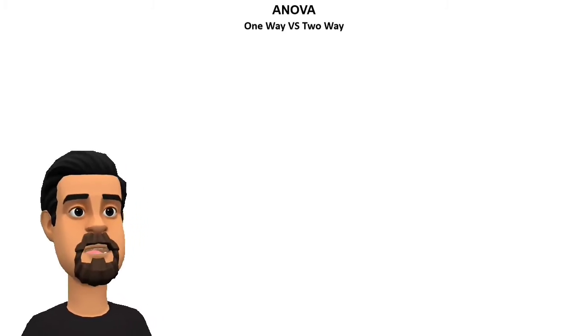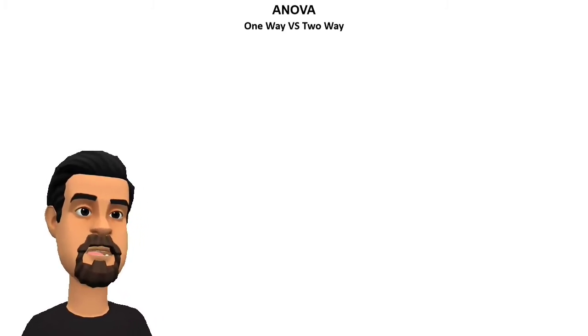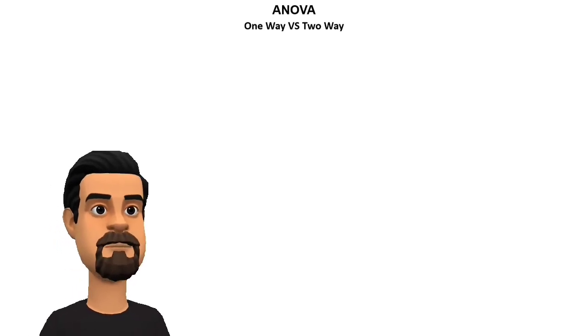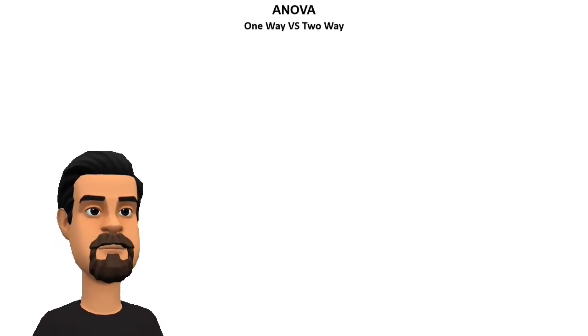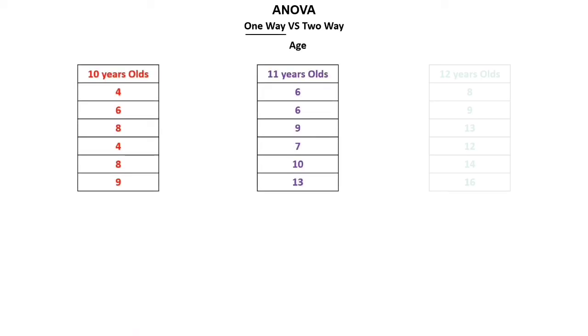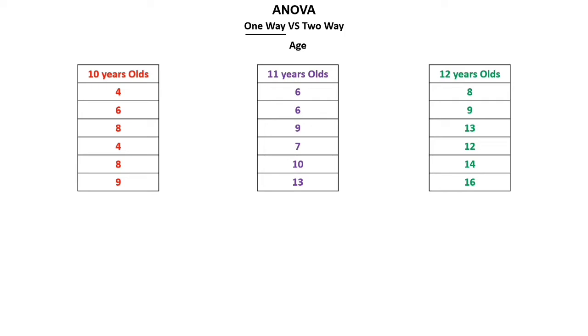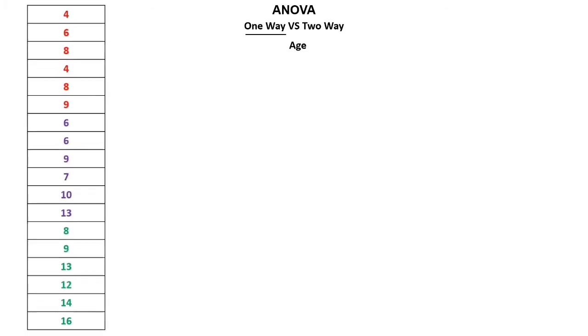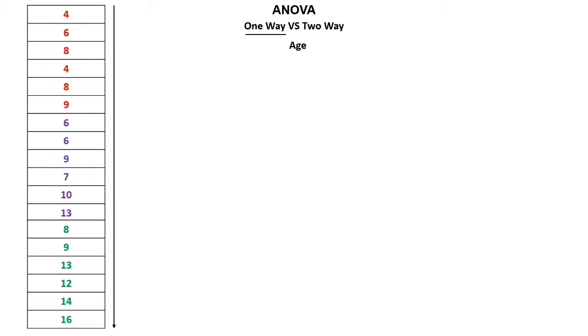If we are to analyze one-way ANOVA with the same data, let's say we take score variation by age. Let's have the 10-year-old group, 11-year-old group, and 12-year-old group. Let's take the average of each group, and also let's look at it as one big large group and take the average, which is equal to 9.